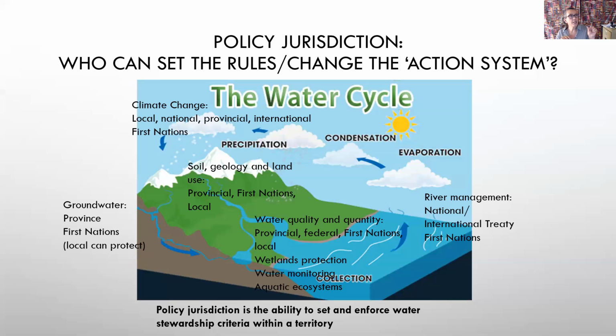So in climate change, we have international treaties, we have federal government financial policy, tax policy, and any other actions they want to take. The provinces are very important in terms of how they set rules for actors in the water natural system in terms of climate. And First Nations, typically adaptation at this point.